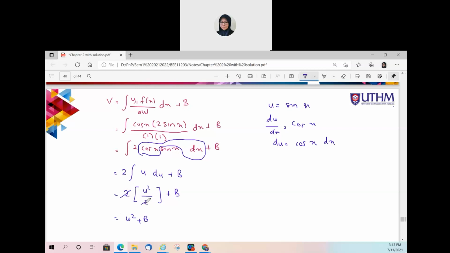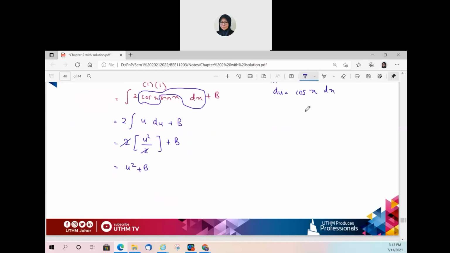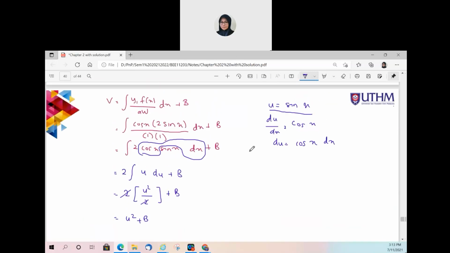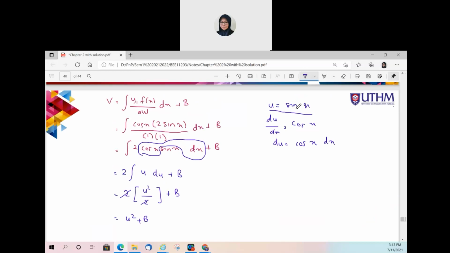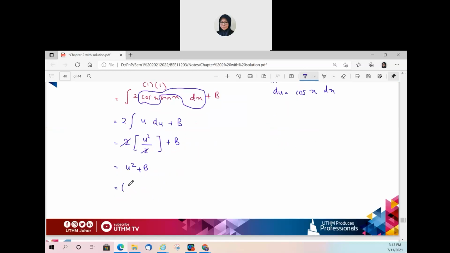So what is u? You substitute back with this u. So you replace u with sin x. So now you have sin x square plus b, equals sin square x plus b. So your v equals sin square x plus b.